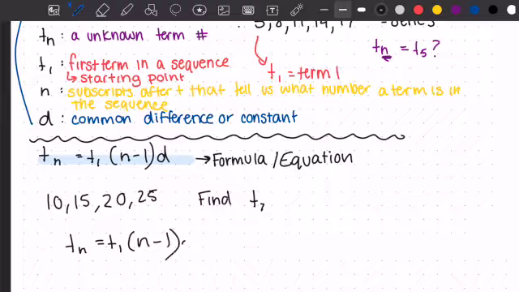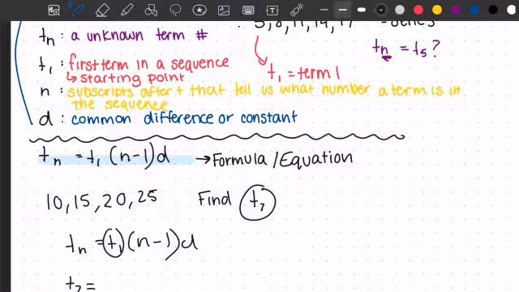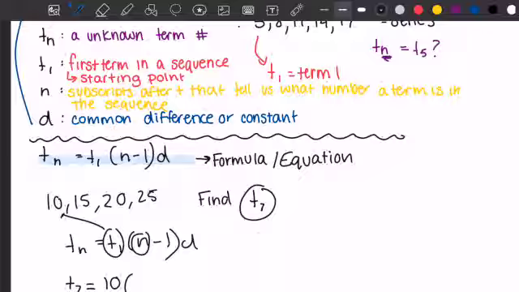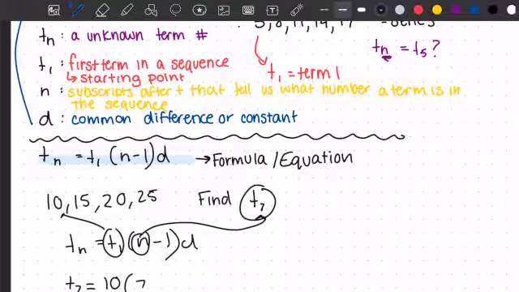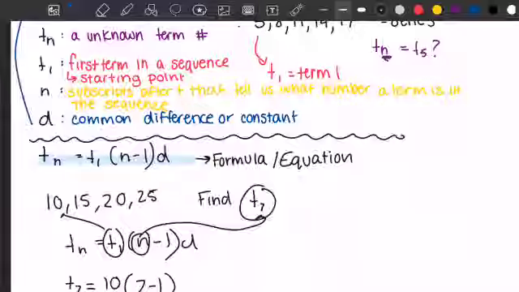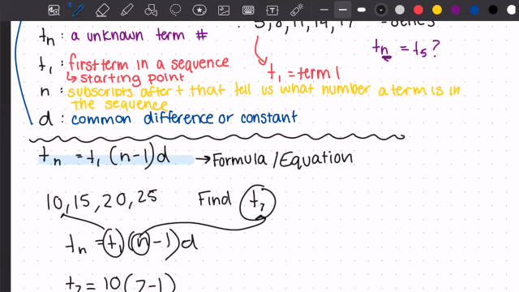So T7 equals my first term, which is 10, and then n is equal to that subscript, so 7 minus 1 times my common difference, which is 5, because this goes up by 5, this goes up by 5, and this goes up by 5.